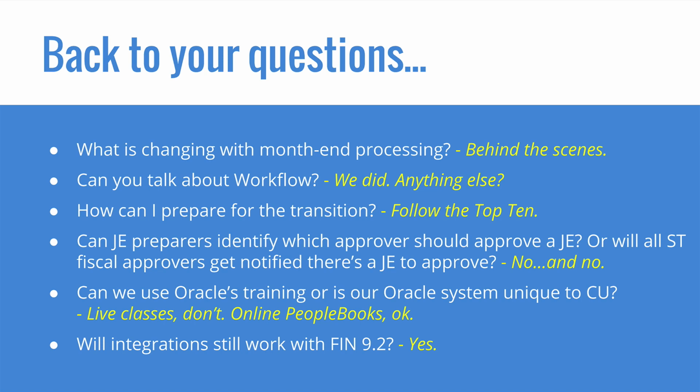All of those changes are taking place behind the scenes. Can you talk about workflow? Cal talked about workflow. It's a popular topic on the campuses, so if you have additional workflow questions, get them to us via feedback. How can I prepare for the transition? Follow the top 10 that we walked through. Can journal entry preparers identify which approver should approve a journal entry? The answer is no, they can't pick one. Or will all speed type fiscal approvers get notified there's a journal entry to approve? The answer to that is also no.